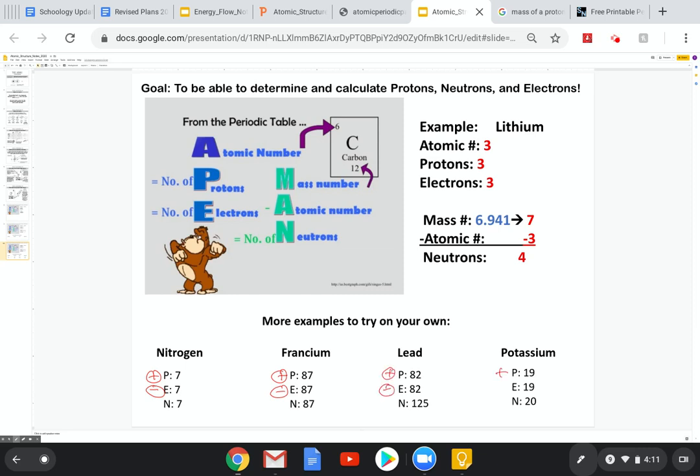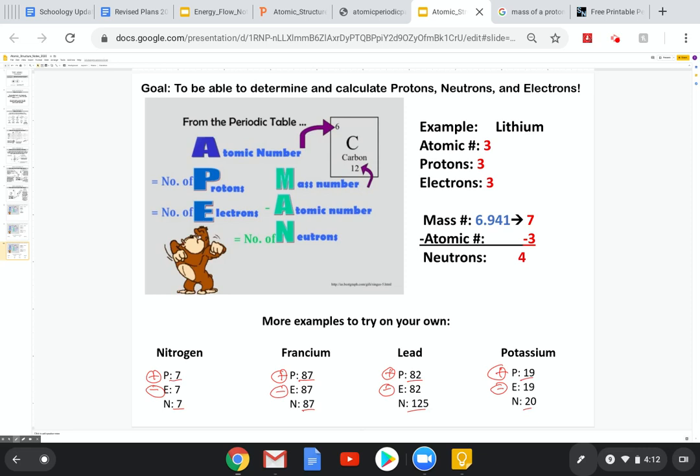Now, the protons and the neutrons are the same here, 7 and 7 on nitrogen and 87 and 87 on francium, but they're not always the same. That's a huge misconception. Here we have 82 and 125, a big difference, or here we have 19 and 20.